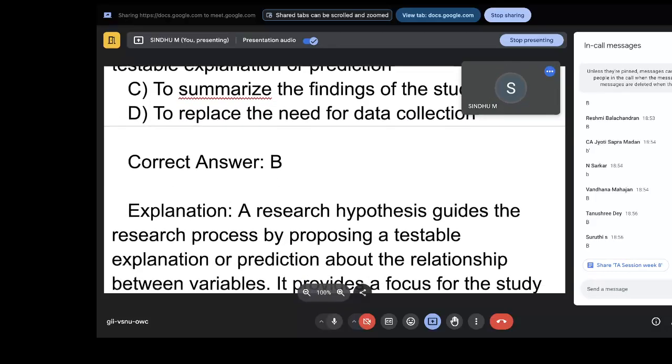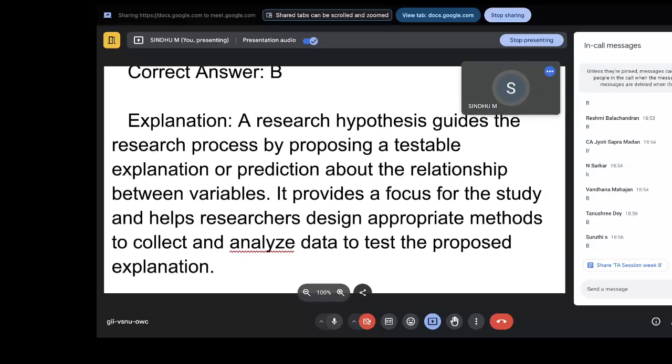So the correct answer is option B. Any doubts, or can we go to the next question? Okay, we'll move on to the next question then.